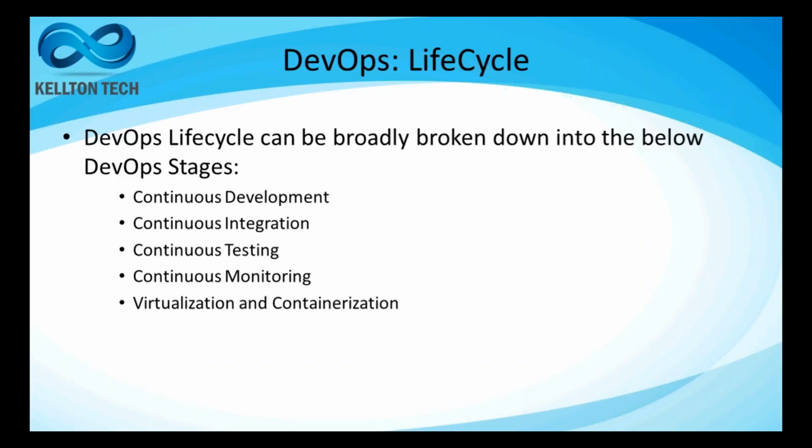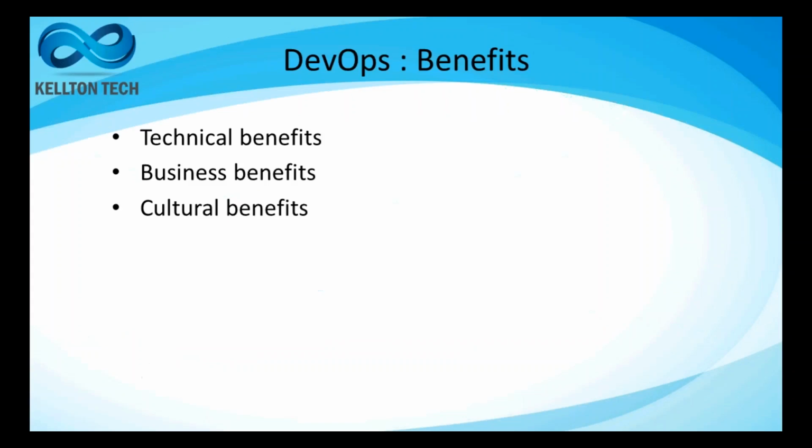In continuous monitoring, whenever any issues happen, there are tools like Selenium monitoring, Omnibus, and Nagios. They will create incident tickets and assign them to the particular group supporting that application, and the corresponding teams will act upon those issues.